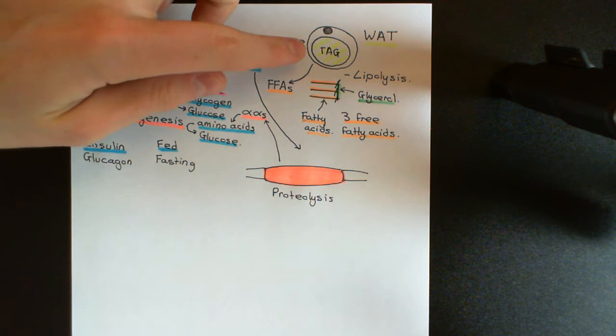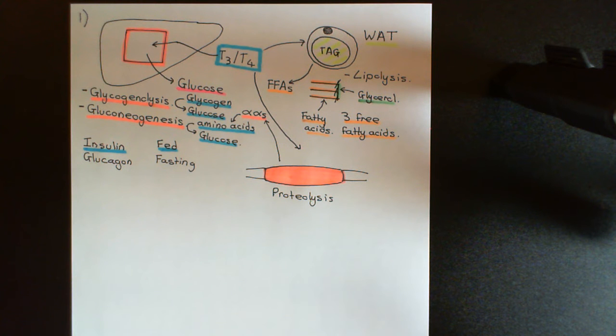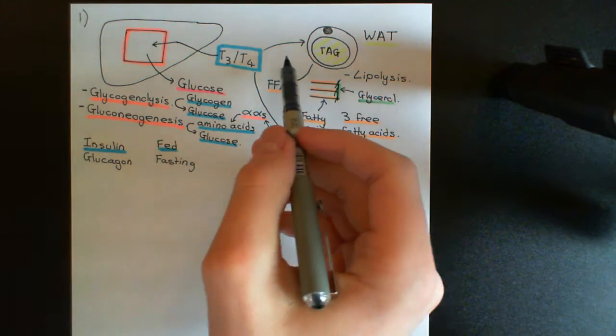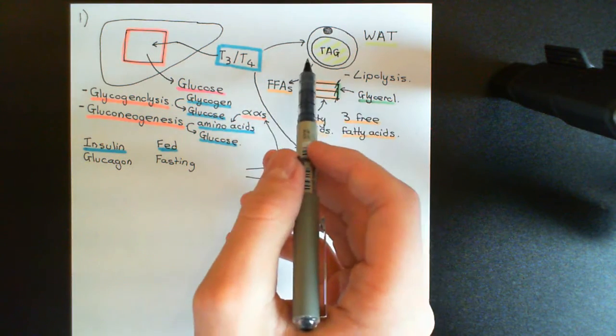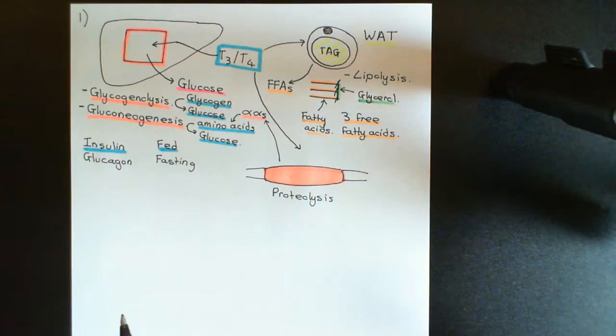Okay, it tells the adipocytes that now is the time not to be breaking down triacylglycerols and releasing free fatty acids into the bloodstream, but instead let's take up glucose and other molecules and turn them into fat molecules.